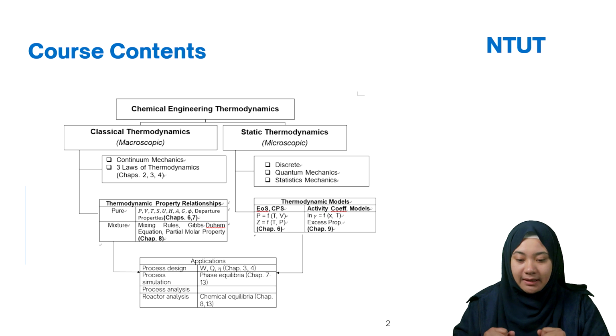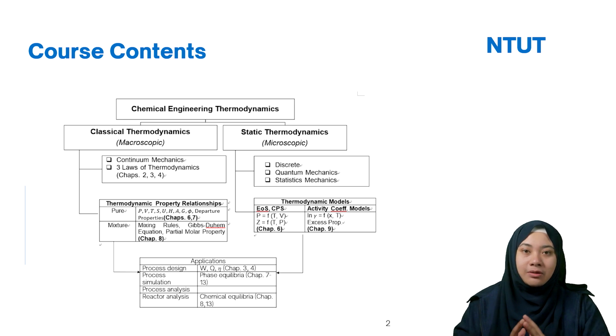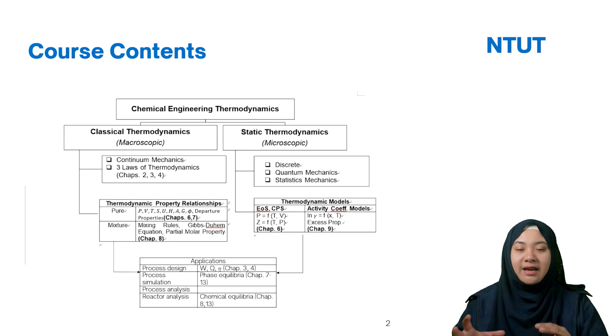For example, if we would like to calculate the efficiency, in this chapter we just discuss classical: mass in, mass out, energy in, energy out, and you can calculate the efficiency or how much energy, how much enthalpy you need. However, for statistical thermodynamics, we see how the reaction occurs inside the system. I have the steam.